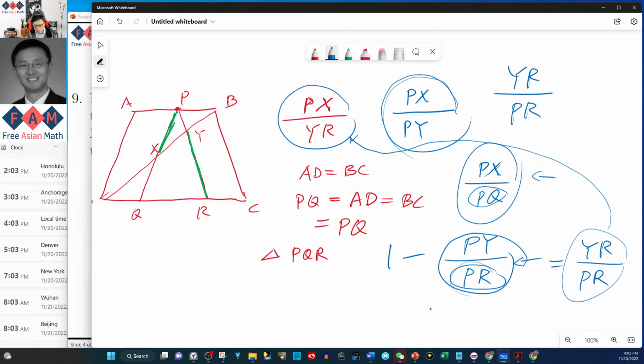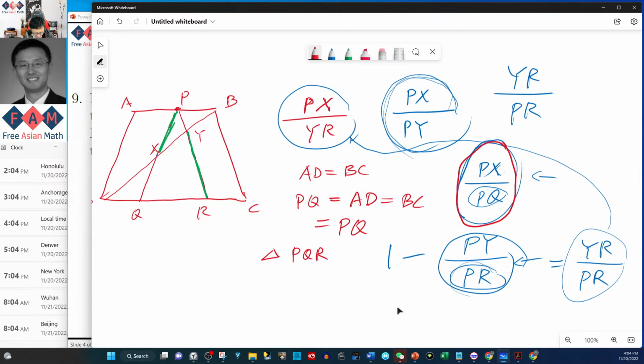So essentially, we reduce a pretty hard problem to a much easier problem. Can we figure out Px over PQ here? This is the one, it's red. This is the one we want to figure out. Because if we can do this, we will be able to crack down the whole thing.